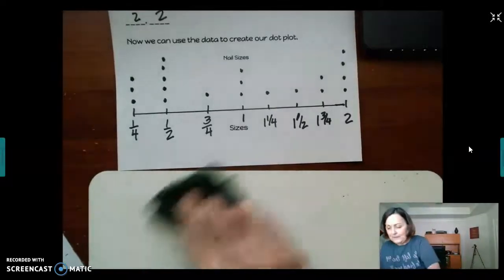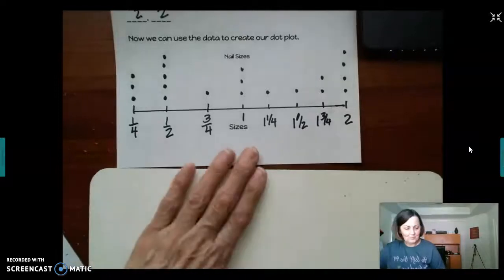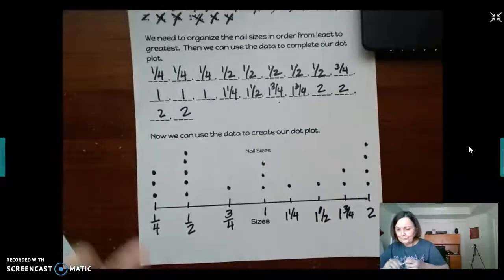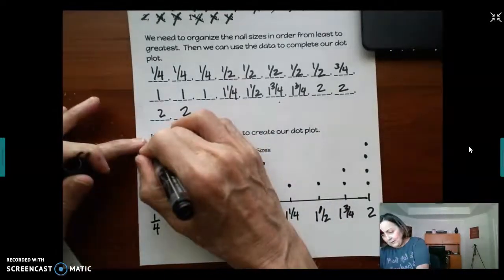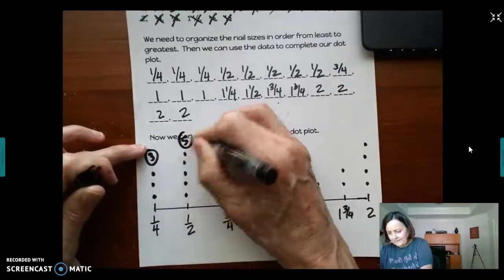All right? We've got 2 more questions. What is the most frequent measurement? Do you know what frequent means? It occurs more often, kind of like your frequency table. How often an event occurred. So let's label and count. This one has 3, so I always like to do this too. This one has 1, 2, 3, 4, 5.